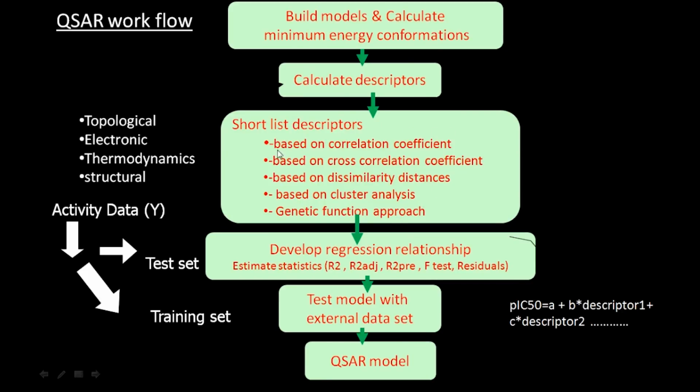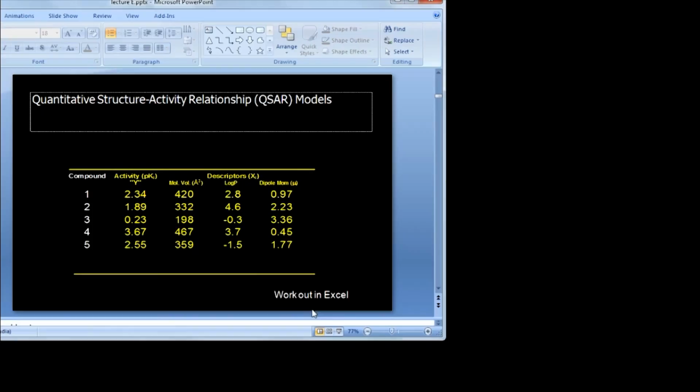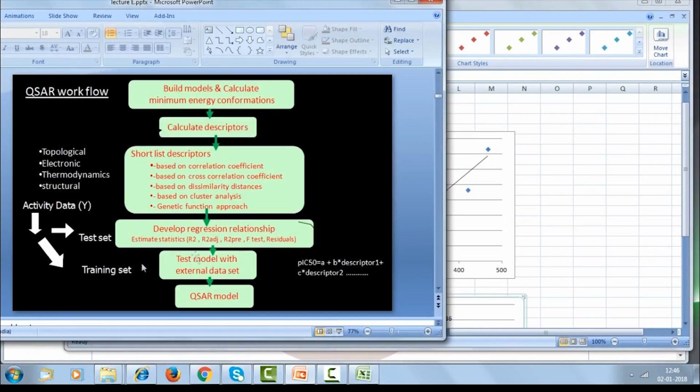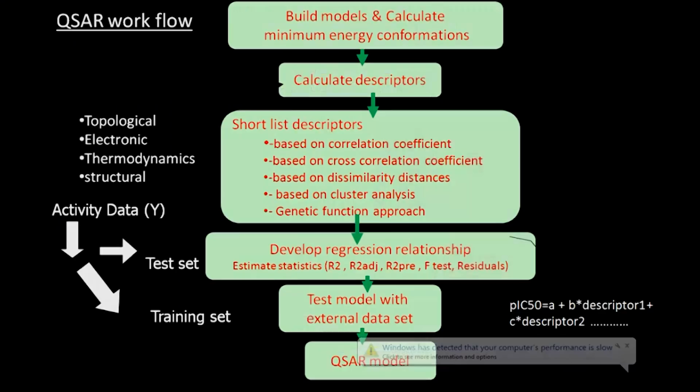In Dragon there are almost 2000 descriptors. We cannot take all of them, so based on the correlation coefficient, like I showed you in Excel, the correlation coefficient for molecular volume is very good, dipole is next best, so I may go with molecular volume. So this is what it means: shortlist descriptors based on correlation coefficient.